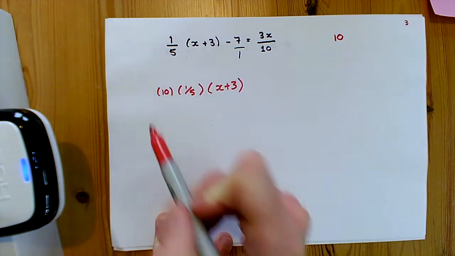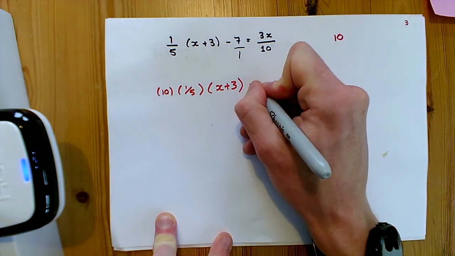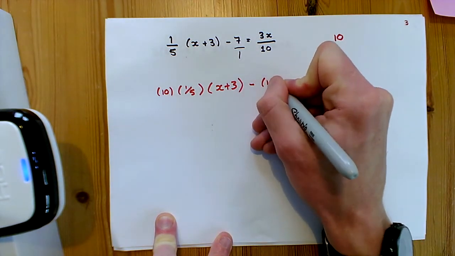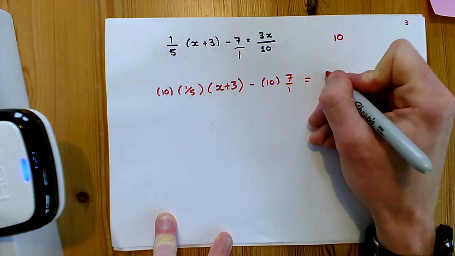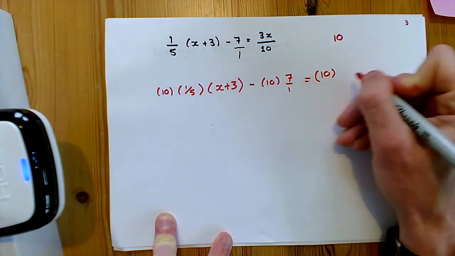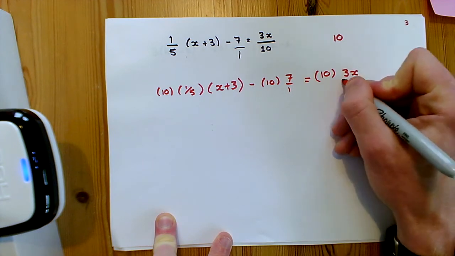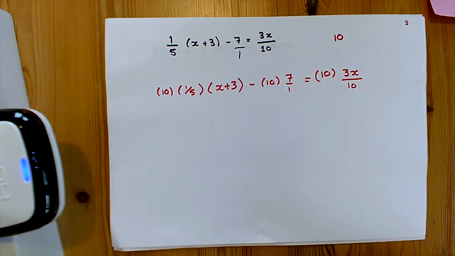I've just multiplied it by 10 like I said I would. Minus 10 times 7 over 1 is equal to 10 times 3x over 10. And that is the next step written out fully for me. Now I can start to do my multiplication, and then I'll be on to my simplifying and solving.